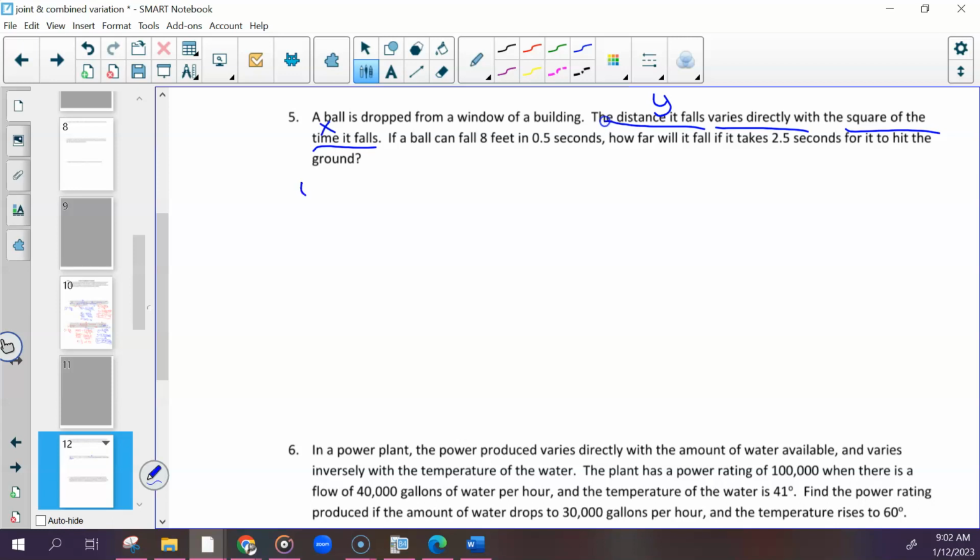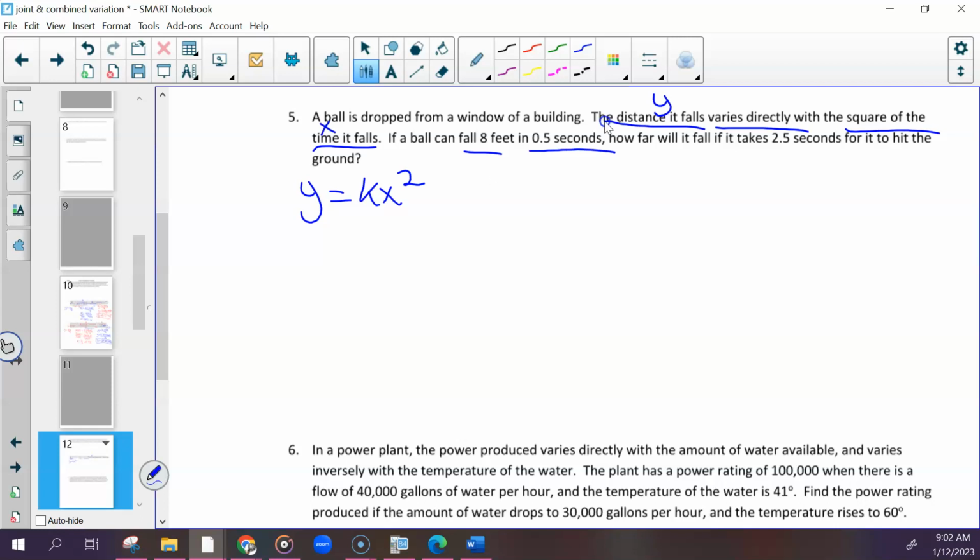Not k over x. The square of, so kx squared. Okay, so be mindful of the words, because if you miss that square, then all your work is going to be wrong. Right? If a ball can fall 8 feet in 0.5 seconds, so let's use that, find our k.